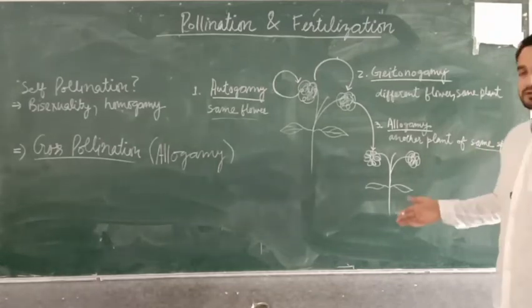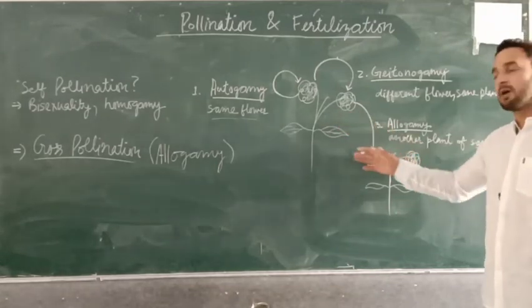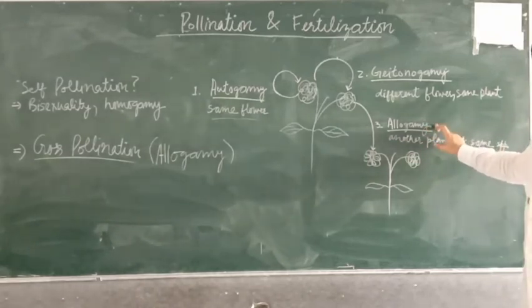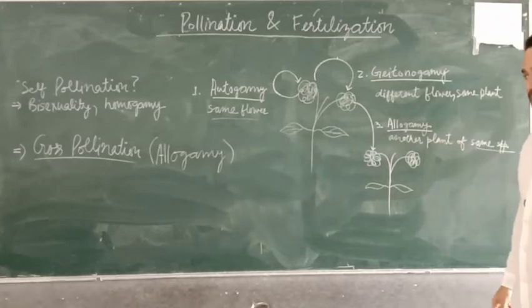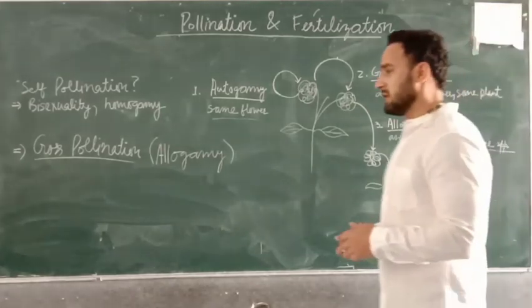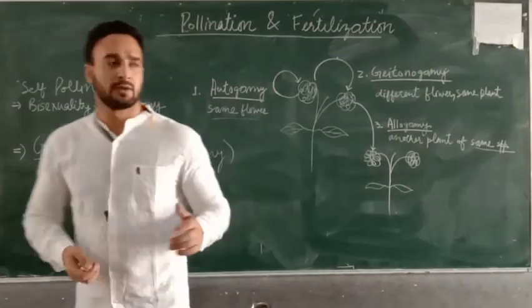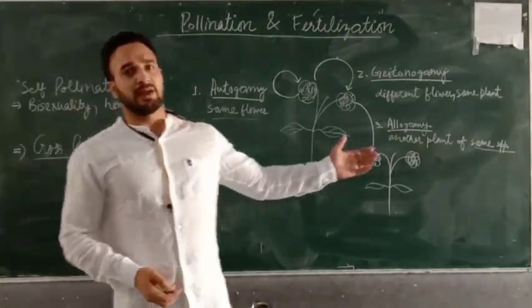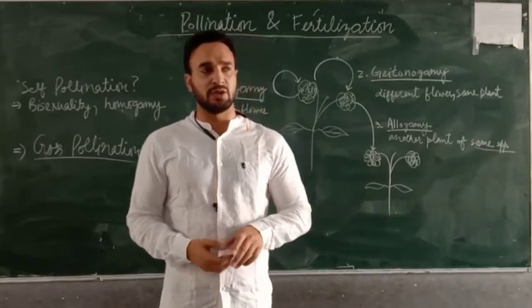You have to mention the same species here, right? So the transfer of pollen grains from anther to the stigma of different plants is called cross-pollination, and allogamy is one of the kinds of cross-pollination. We have the same plant in case of self-pollination and two different plants in case of cross-pollination.